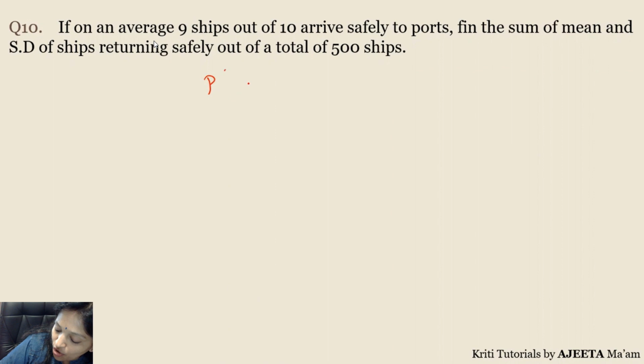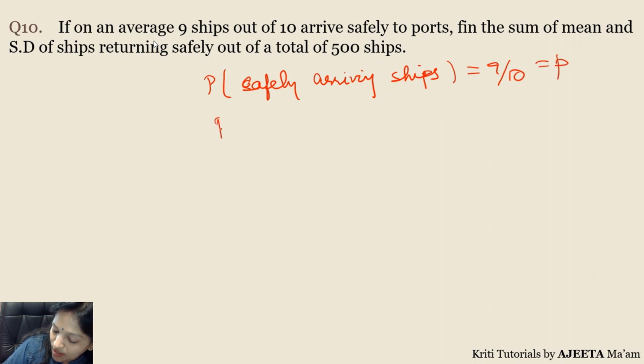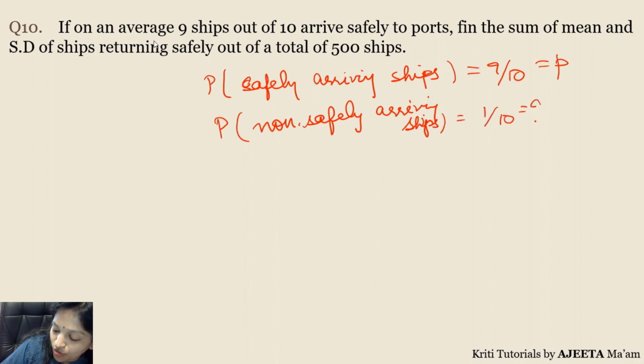So the probability of safely arriving ships, 9 out of 10, that will be our P. Probability of non-safely arriving ships, 1 by 10, that will be our Q.